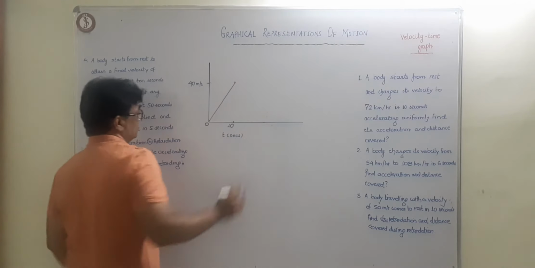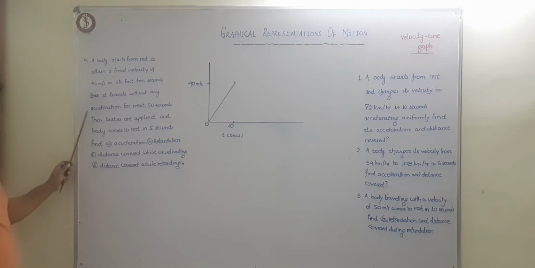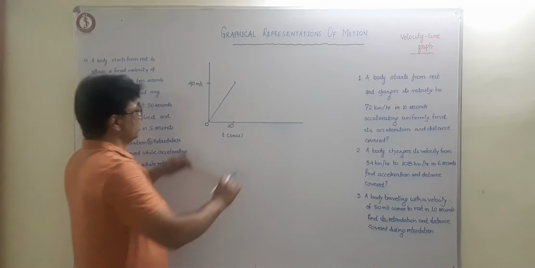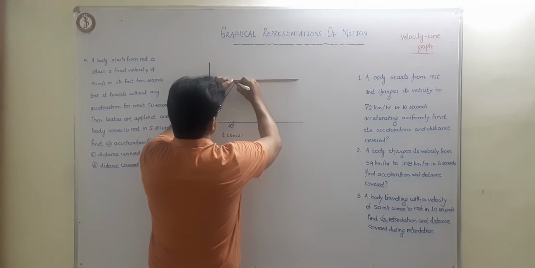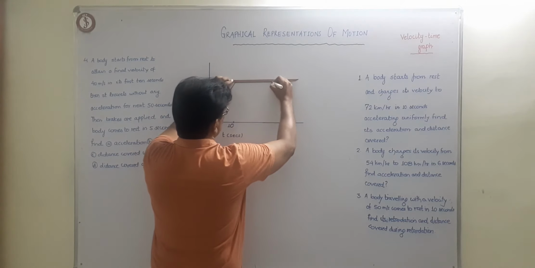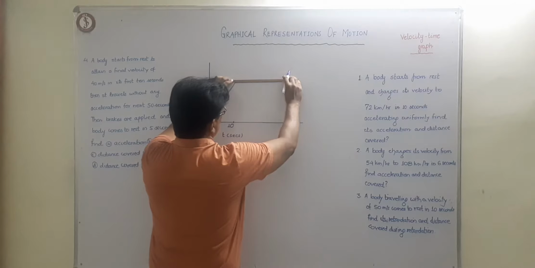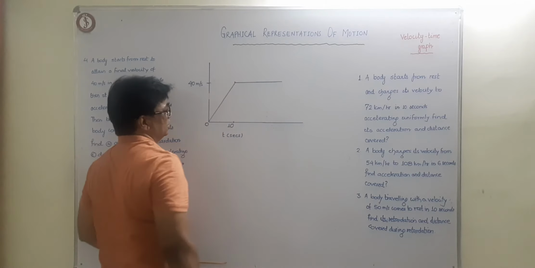Now for the next 50 seconds it travels without any acceleration. That means no acceleration, so this line will be parallel. The velocity does not increase as time increases, and the body is in uniform motion for 50 seconds. You don't have to use the exact scale.